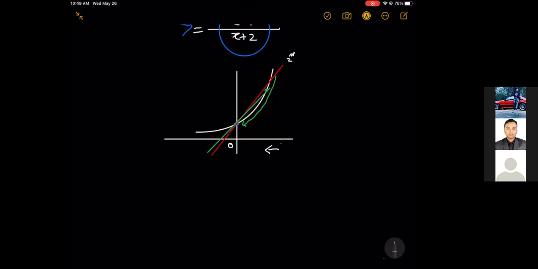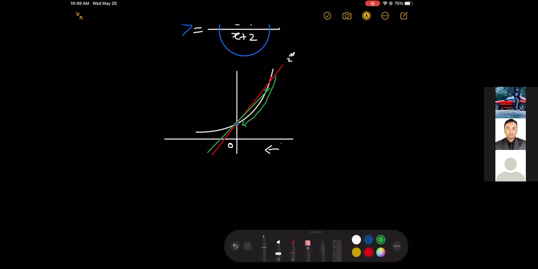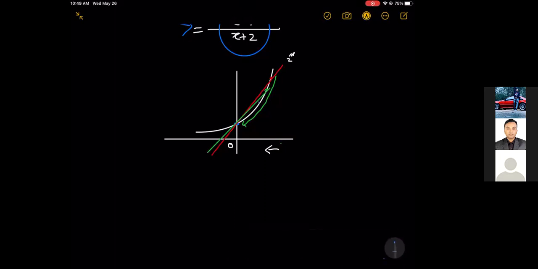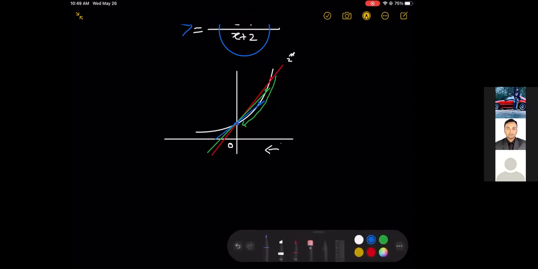And if I keep doing that, if I go more and more close, you'll see it's getting more and more difficult to draw.